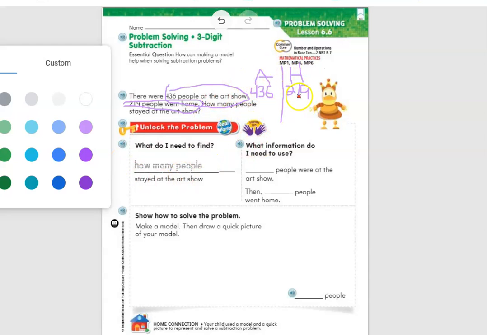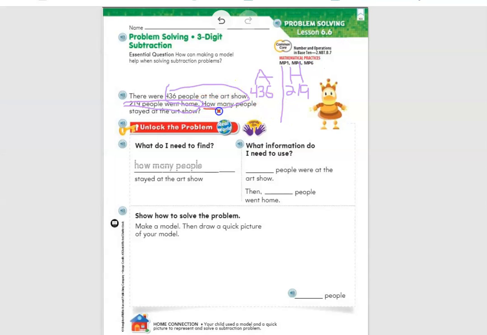As I started to attack and understand one very important thing, what's the question? How many people stayed at the art show? So remember, we started with 436, 219 went home. So how many people stayed back? So this is how we unlock our problem. We understand what they're asking us, we think about what information we need, and then we move forward from there. So we need to find out how many people stayed at that art show, right?